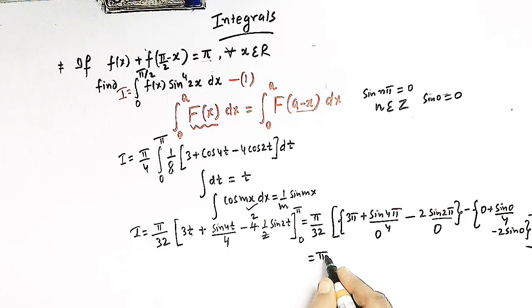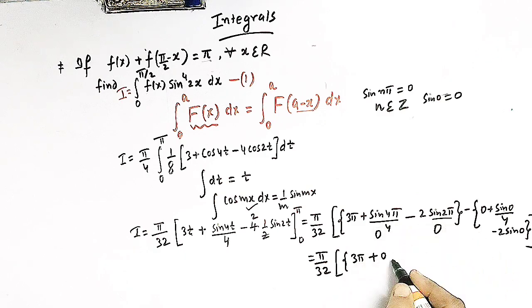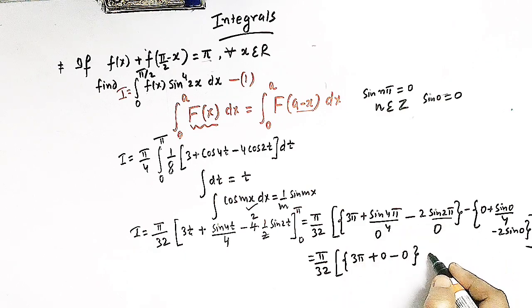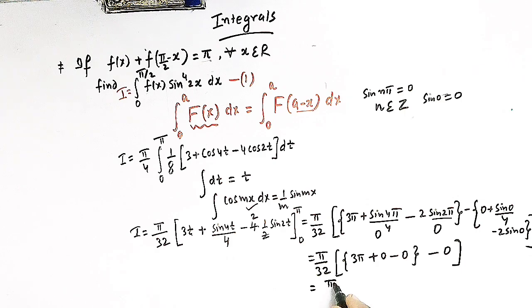So we are left with pi over 32, and here we have simply 3 pi. Here we have also 0, and this entire term is 0, right? Okay, so now we have pi over 32, and here we have simply 3 pi. So multiplying these two numbers, we have 3 pi square over 32.